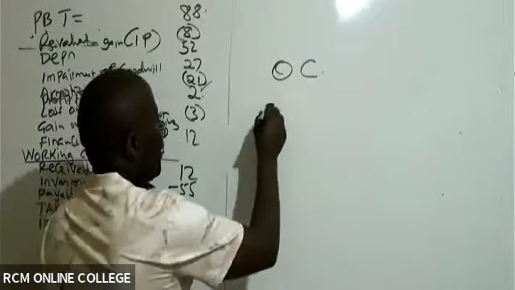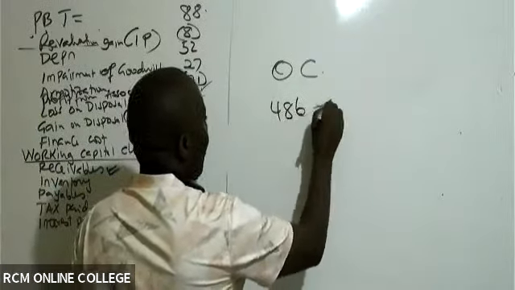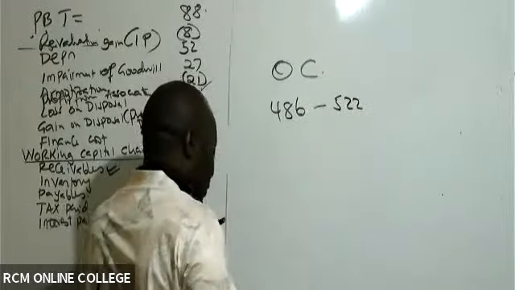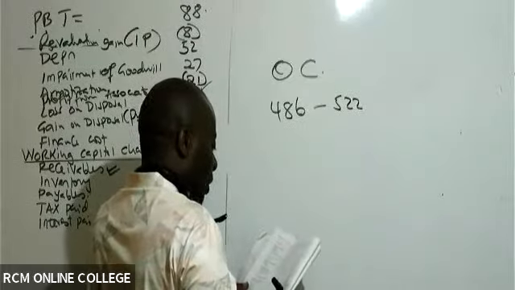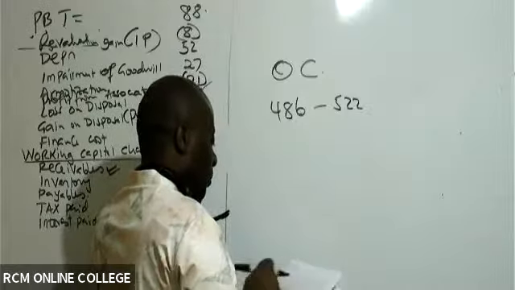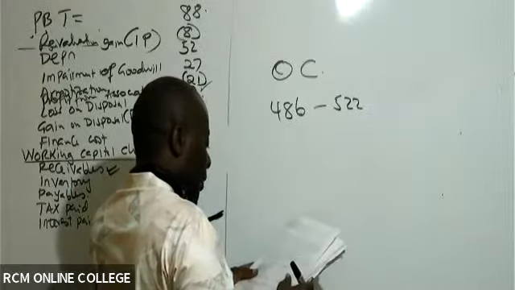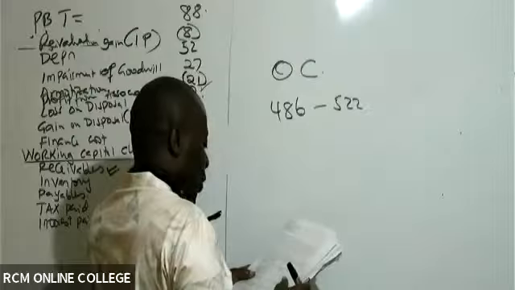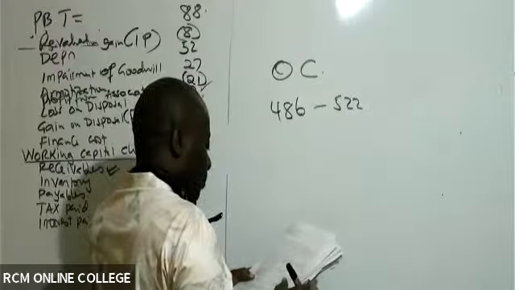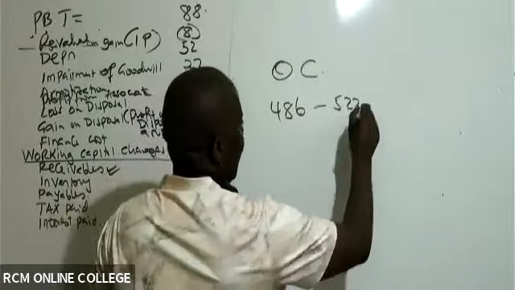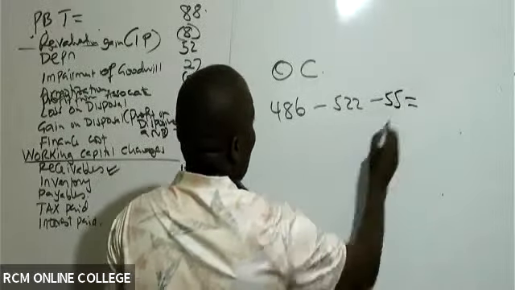So we have here 486 minus 522, minus this subsidiary that left us went with the payables worth 55.